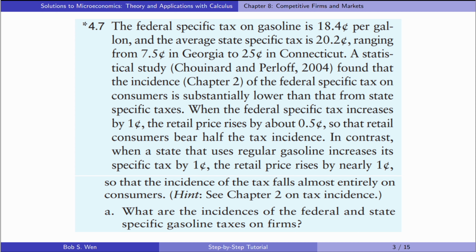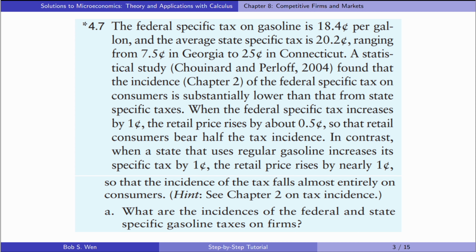A statistical study found that the incidence of the federal specific tax on consumers is substantially lower than that from state-specific taxes. When the federal specific tax increases by 1 cent, the retail price rises by about 0.5 cents, so that retail consumers bear half the tax incidence.